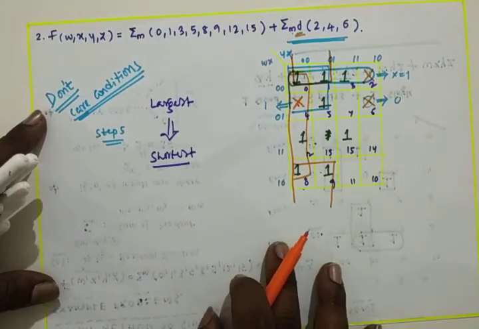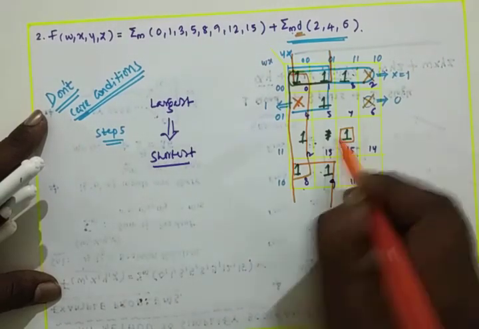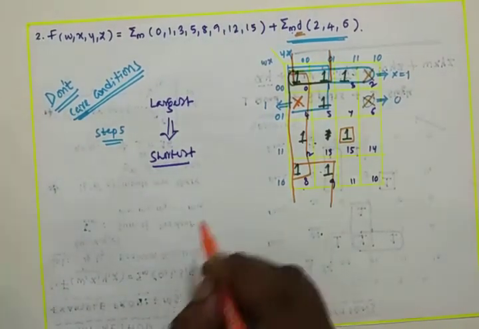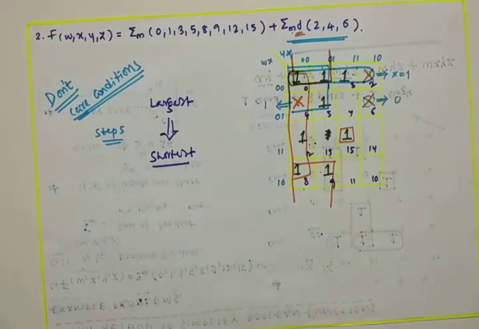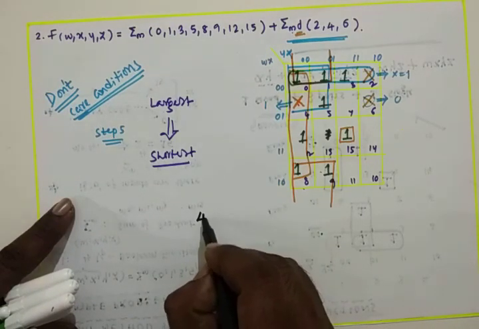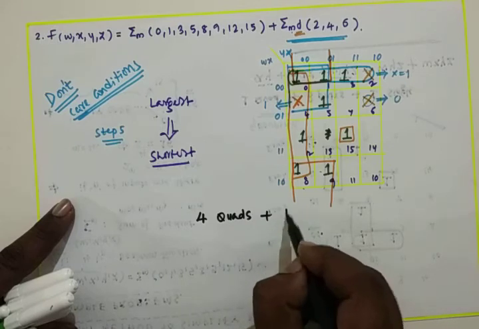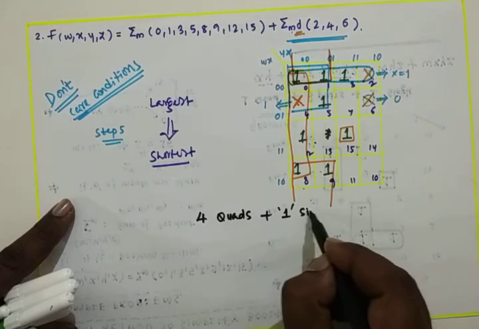Total how many quads do we have? Total 4 quads and 1 is single. Quad is nothing but 4 adjacent ones forming one group. So 4 quads we have, 4 quads plus one single.